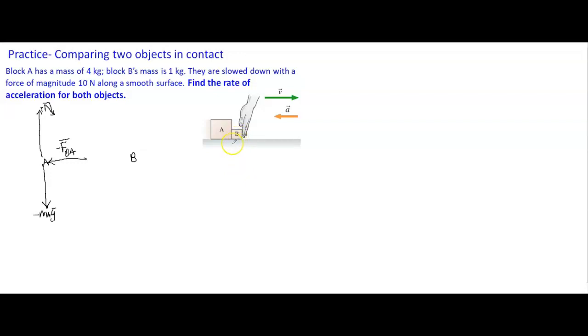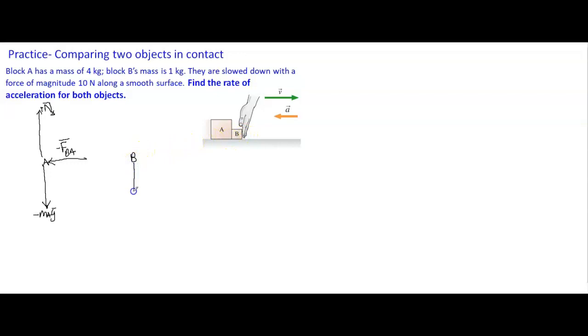Again, it's sitting on a table, so it's going to have a normal force up perpendicular to the surface. It's got a hand force touching it, pushing it to the left. Even though block B is moving to the right, it's got a force pushing it to the left to slow it down. And it's touching block A, and block A is pushing block B to the right. So let's go ahead and draw those.